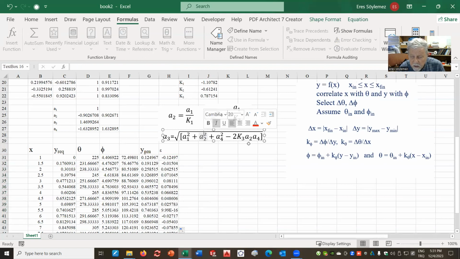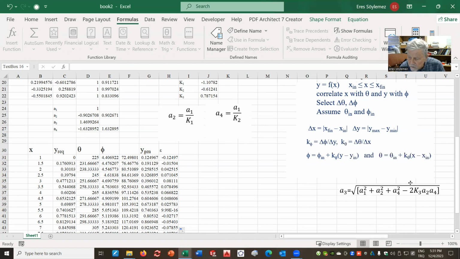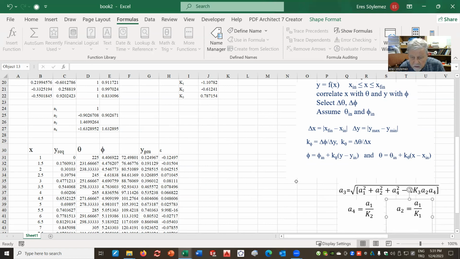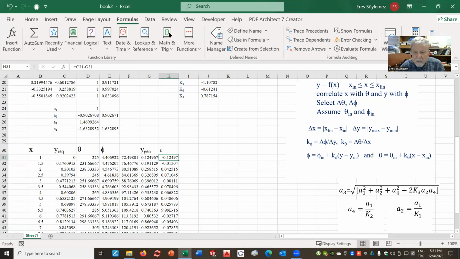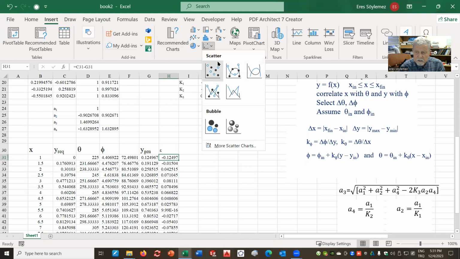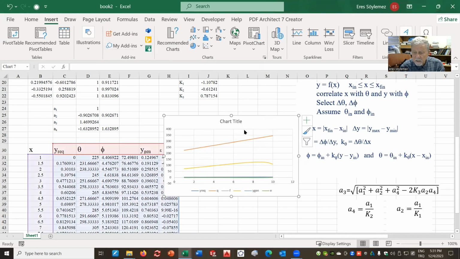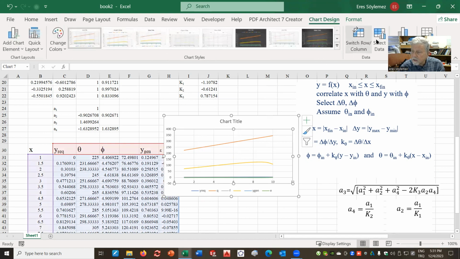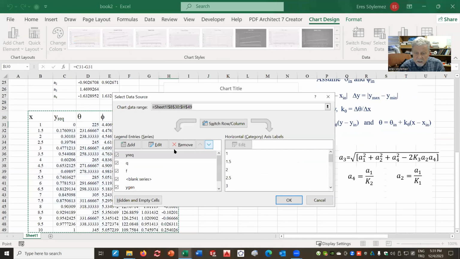Now, let me plot these. I will move these over here so that I will have some space. Let me first insert chart, smooth curve. Excel thinks that it's clever and it gives you some data. Select data.